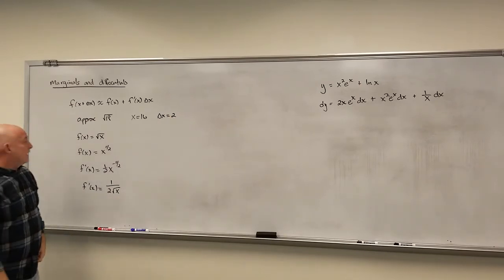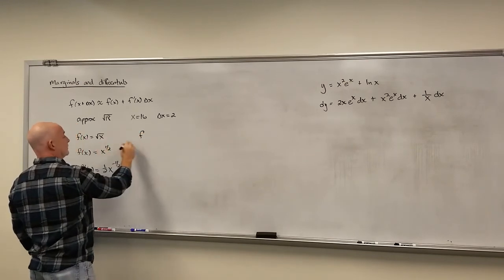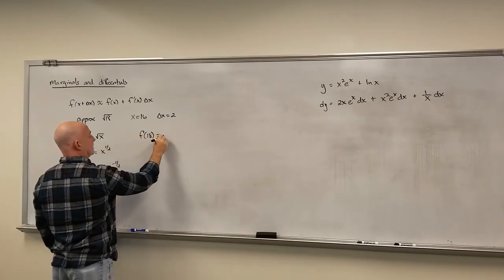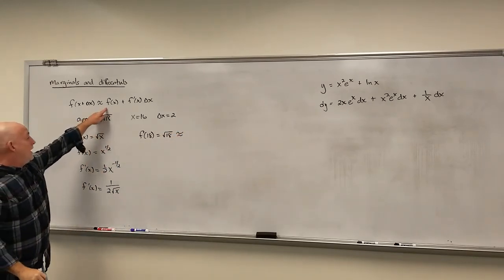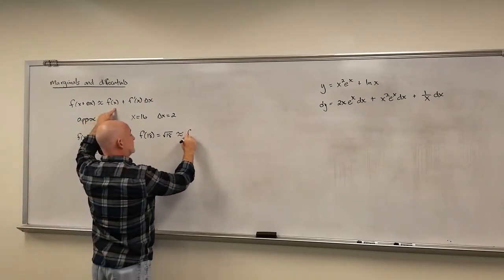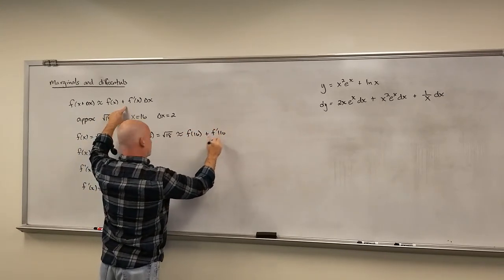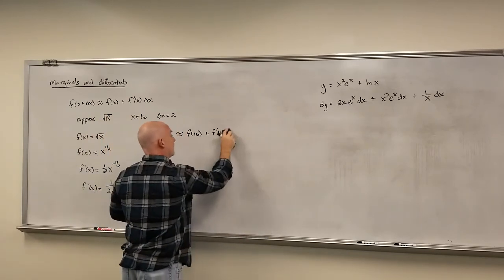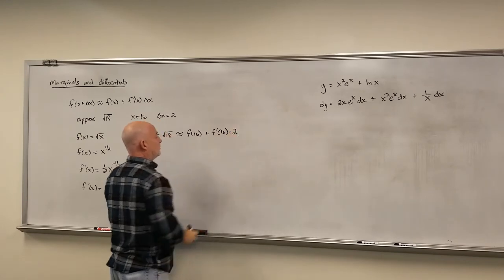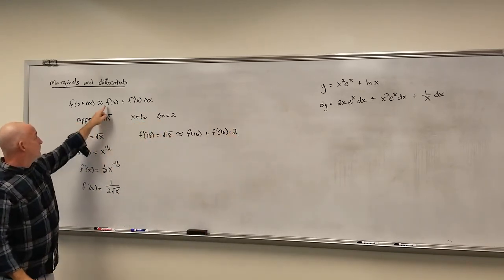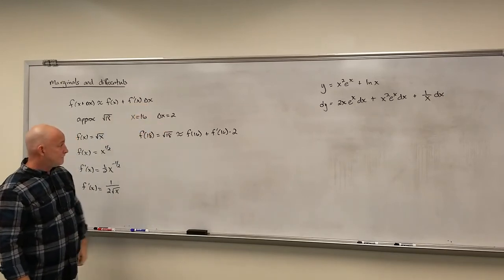So by doing that, I can say that the square root of 18 is approximately equal to f at 16, plus f prime at 16 times our change in x, right? So f at 16 plus f prime at 16 times how far we moved away.